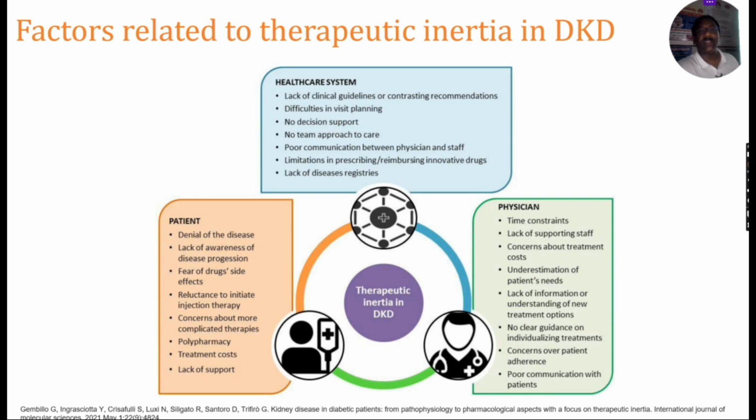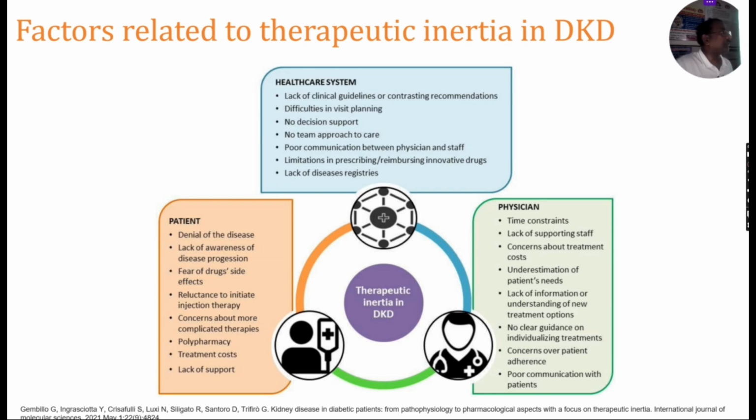Then limitations in the prescribing and reimbursing of innovative drugs. Sometimes our hands are very tight. For example, Finerenone, a beautiful drug, has entered the market. It is a mineralocorticoid receptor antagonist, steroid sparing.